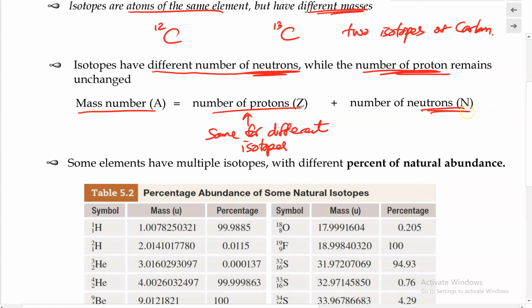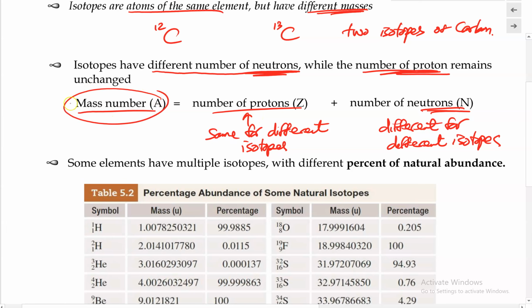However, it is the number of neutrons that is different for different isotopes. And because the number of neutrons is different while the number of protons remains the same, the mass number would be different for the different isotopes.